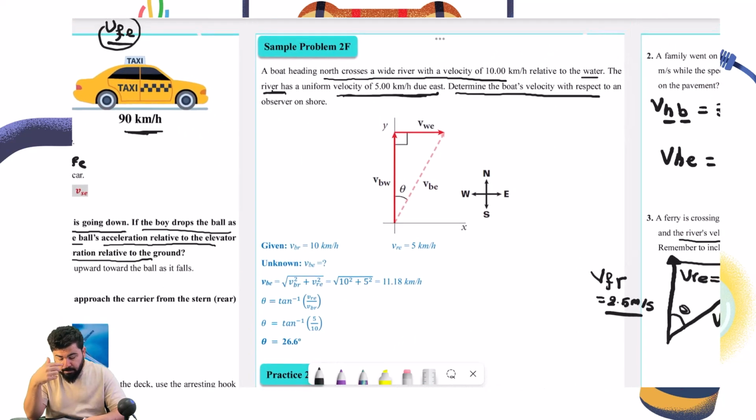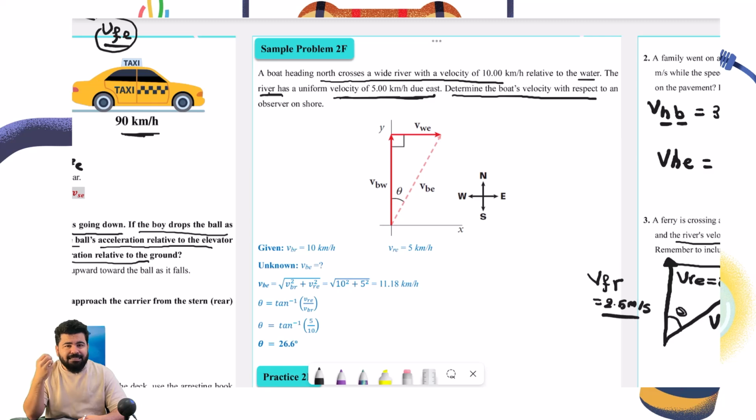If you have the slightest hesitation that you don't know what the question is about, you don't know the equations, you don't know the givens, you don't know the unknowns, please go and revise, okay? If you are not comfortable with these sample problems, then you will have trouble solving the questions.